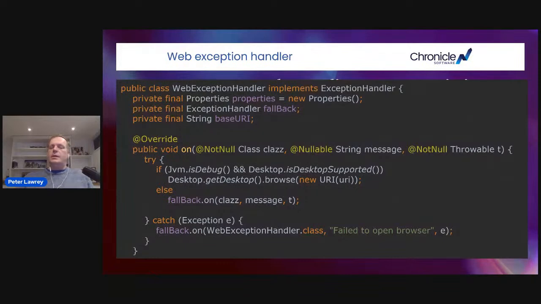It has to expect that warning will be produced. So we have an interface called an exception handler, which can be mocked out to be recorded for testing purposes. But I've got this one, which is just sort of an assist, where if an exception is thrown, it attempts to open up in your browser a Google search for the exception.